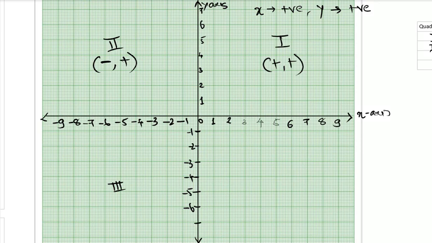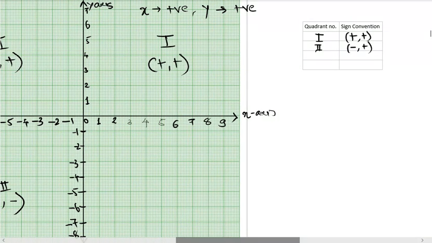By now you should know what is the sign convention of this third quadrant. X coordinates are negative, y coordinates are also negative. So the sign convention for quadrant number 3 is minus minus.